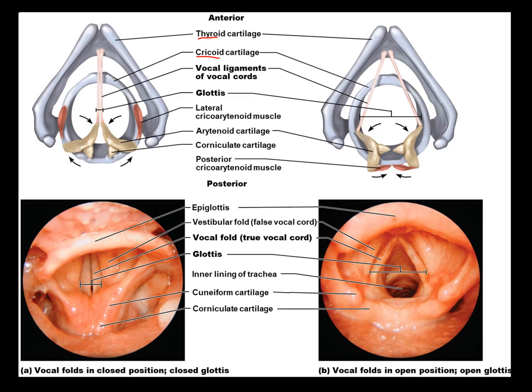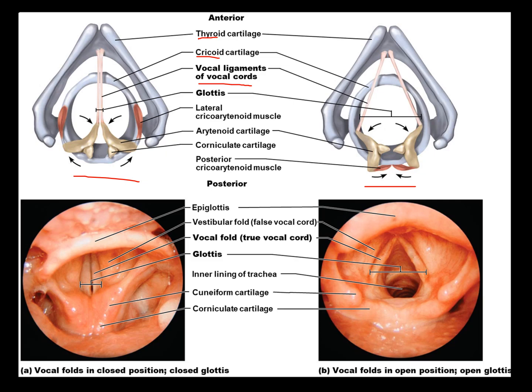And then we have those vocal ligaments. They are ligamentous in structure, so they have some strength to them. This is when they're closed on the left, and then they're open on the right. We can see how we can close and open the vocal cords so that the sound waves vibrate them as they go by.